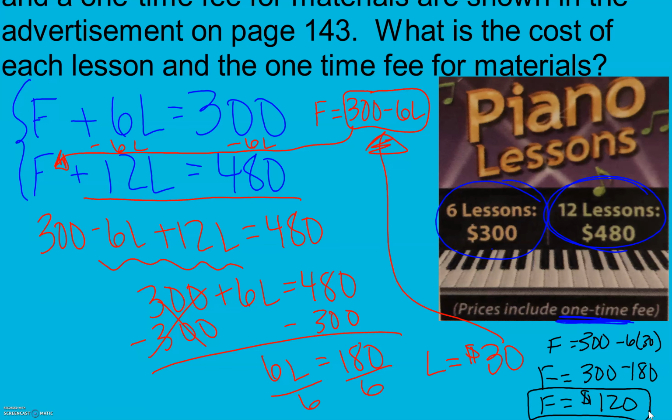And if we plug it in to check here, guys, 120 plus 6 times 30, 180 plus 120 is 300. 120 plus 12 times 30, 360 plus 120 does give me 480. So it does check if we plug it in and solve.